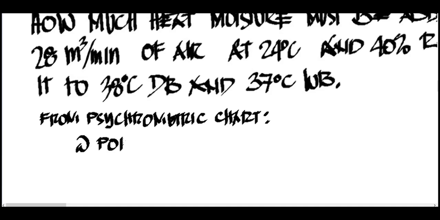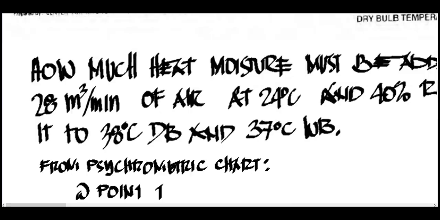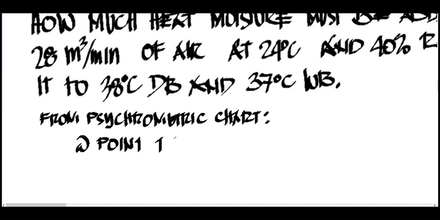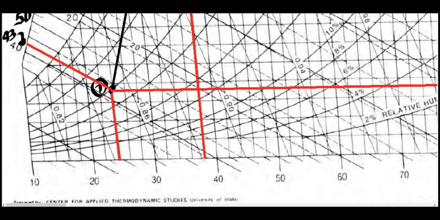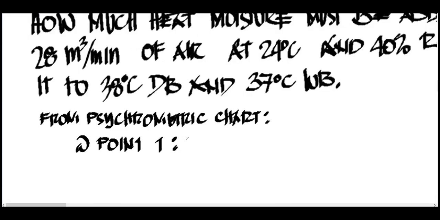At point 1, so point 1 will be 24 degrees Celsius dry bulb, 40% RH.